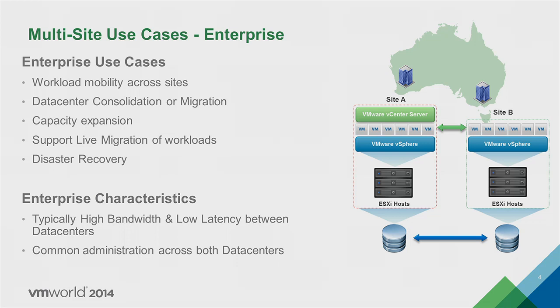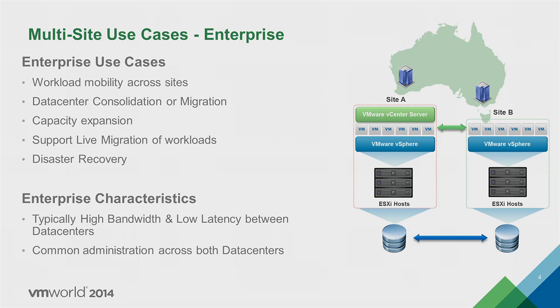Basically, the key enterprise use cases that we see are workload mobility across sites while retaining IP addresses, and support for data center consolidation or migration projects, which get significantly complicated if the applications are impacted by IP or network changes.